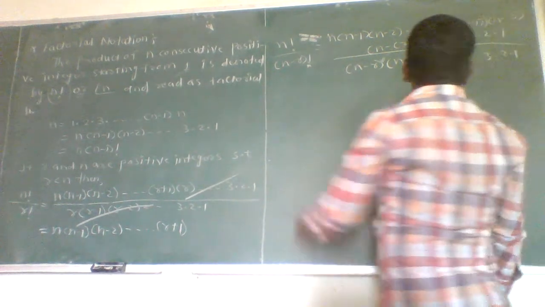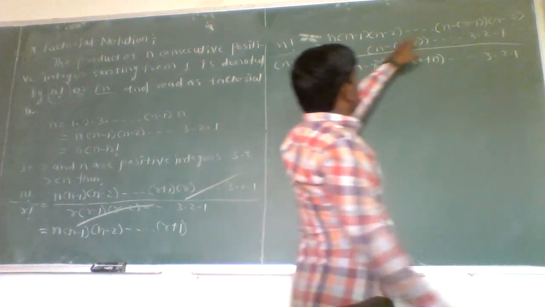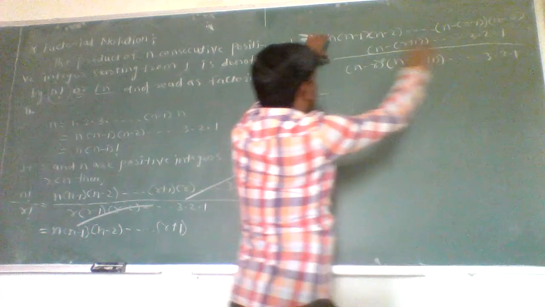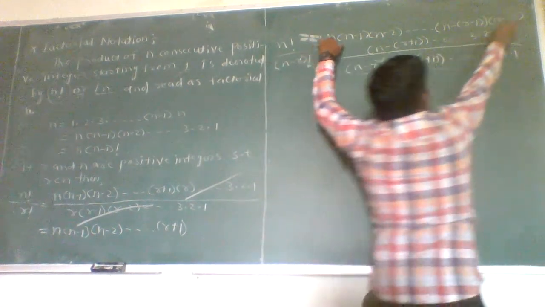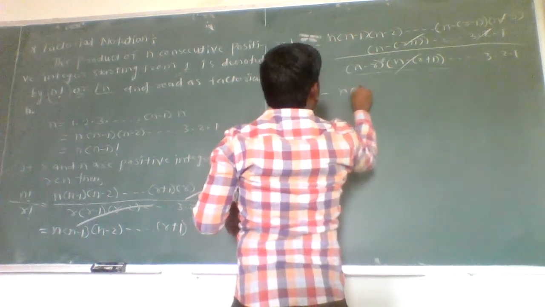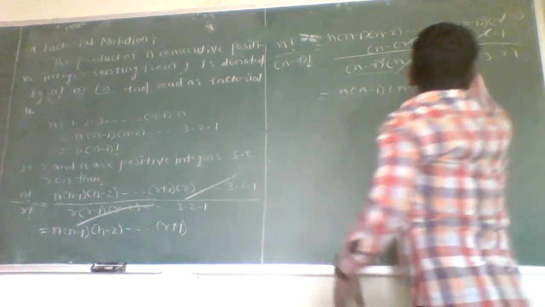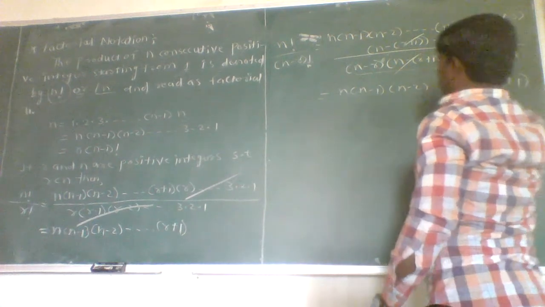Again these terms from n minus r are common in numerator and denominator, so these terms are cancelled. So which is nothing but n into n minus 1 into n minus 2 up to so on n minus r plus 1. Okay, for example, let us see.